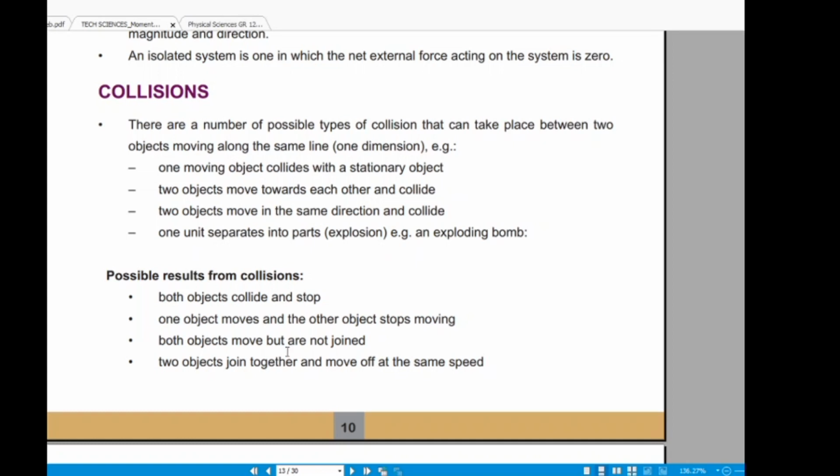Both objects move, but are not joined, right? So the ball and the boy move in opposite directions. Scenario 2, two objects join together and move at one speed. This is the girl catching the ball and then moving at one speed.